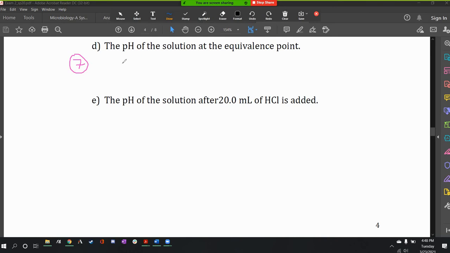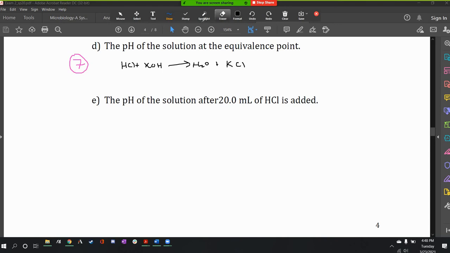So here we were doing HCl being added to potassium hydroxide, forming water and potassium chloride.